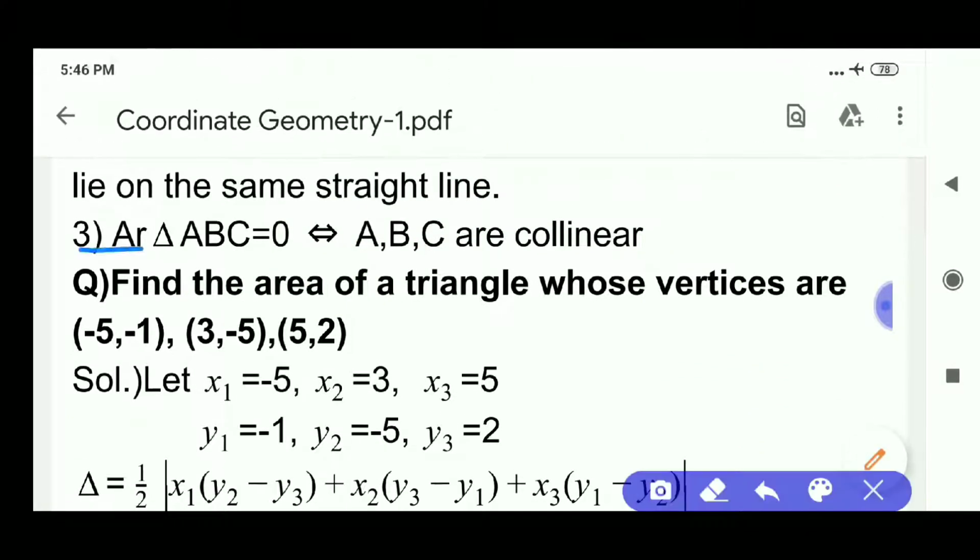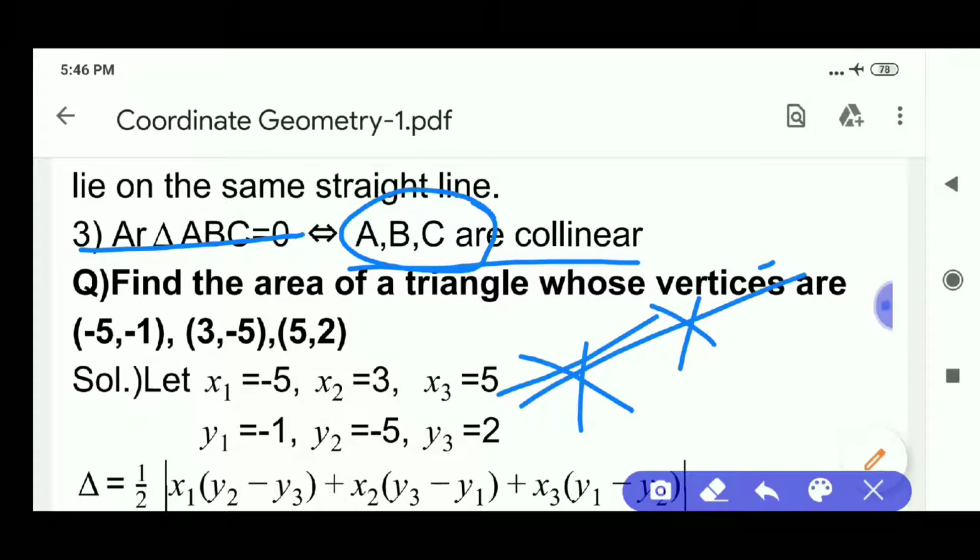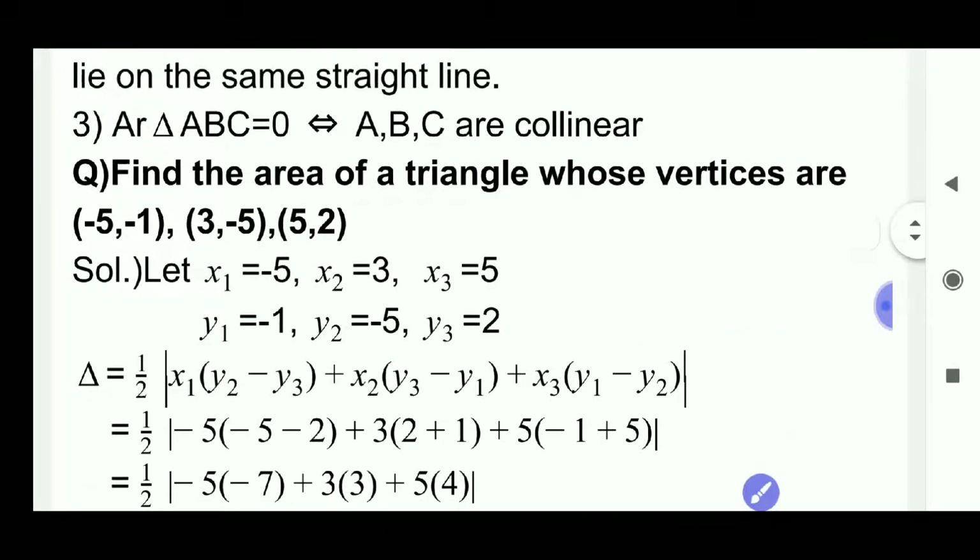If the area of triangle ABC is 0, that means ABC are collinear. If ABC are on the same line, then the area of the triangle ABC is 0. Now let us solve some questions.